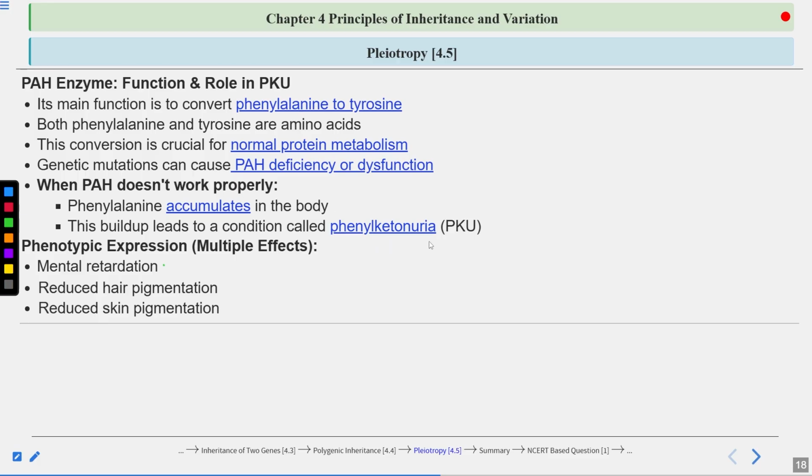You can see here a single gene is leading to all of these three effects. We can say the single gene is affecting three traits here. This is known as pleiotropy. An example is phenylketonuria, a metabolic disorder. These genes usually affect the metabolic pathway, and this is also a metabolic pathway where phenylalanine is being converted into tyrosine.